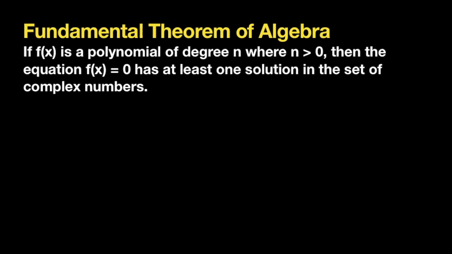And this solution can be a complex number. So the difference between this one and the linear factorization theorem is the linear factorization theorem tells you exactly how many factors, but they're talking about factors. Now, this one is telling you that you're going to get at least one, but you're talking about solutions, no longer factors.